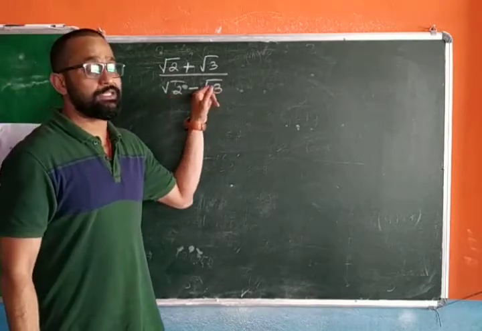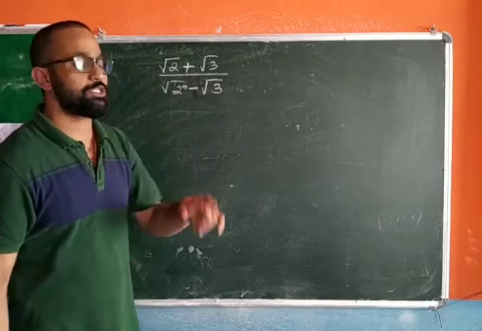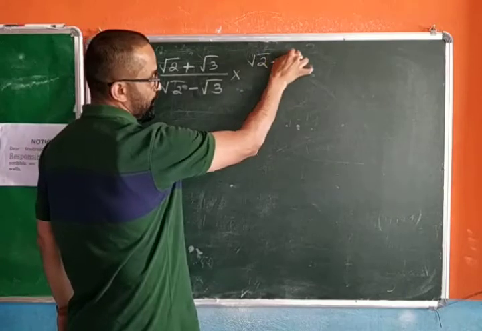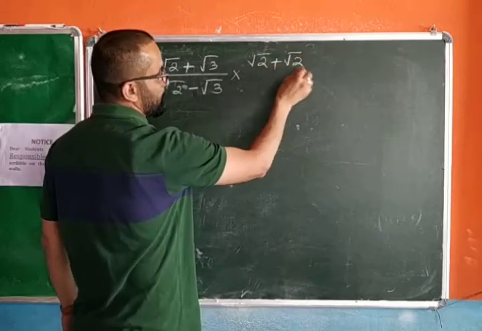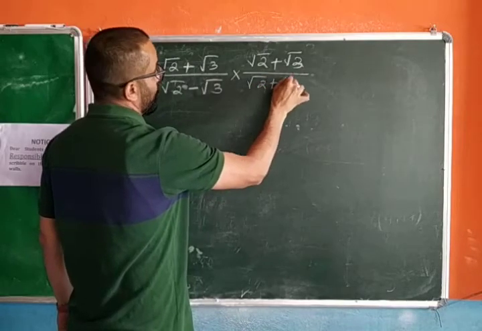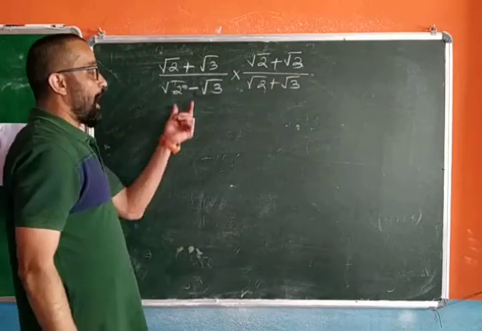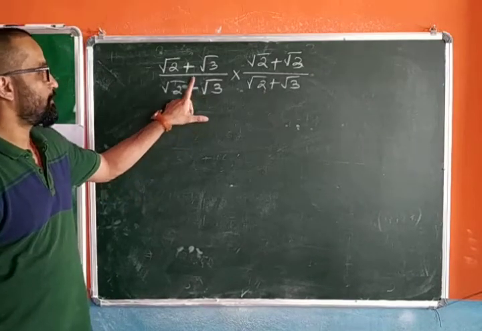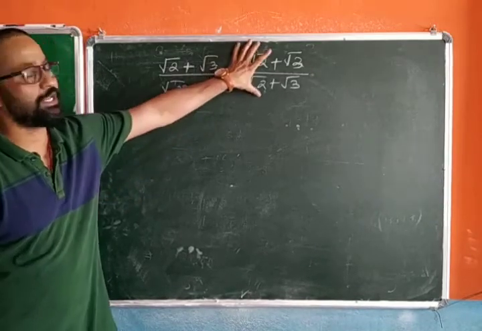So the rationalizing factor is plus. Multiply both numerator and denominator by the rationalizing factor. The important part is to identify the rationalizing factor. Minus, so the plus sign will be the rationalizing factor.